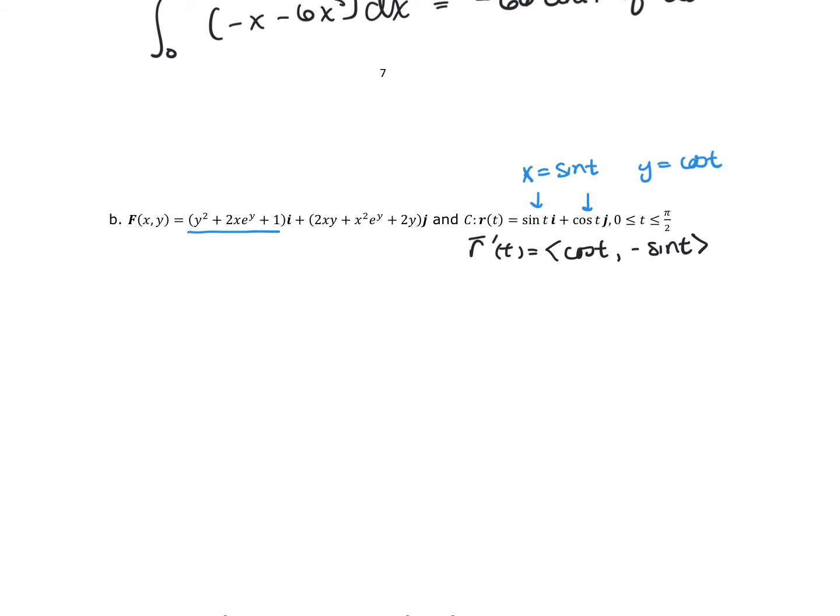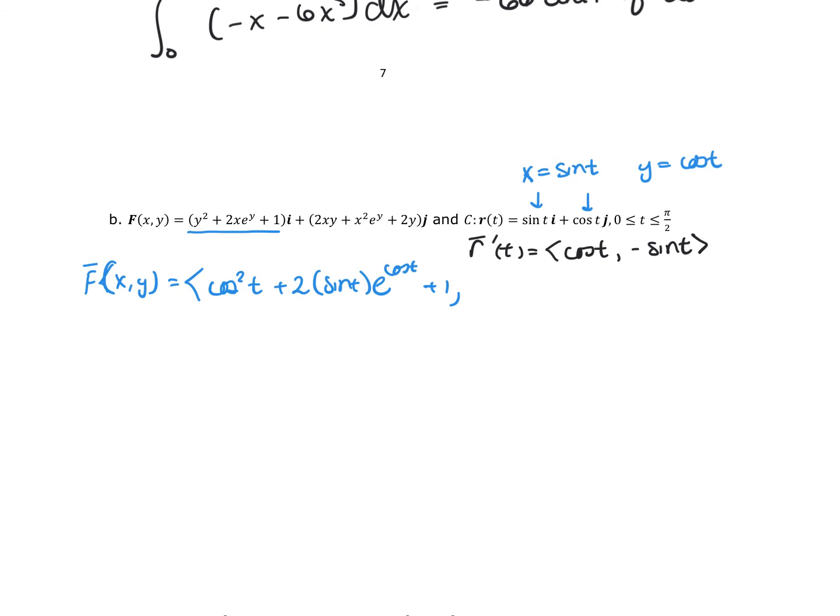So wherever I see y squared in this vector function of x comma y, I'm going to replace it with cosine squared of t, plus 2, x gets replaced with the sine of t, e raised to the cosine of t, plus 1. That's just in my i direction.